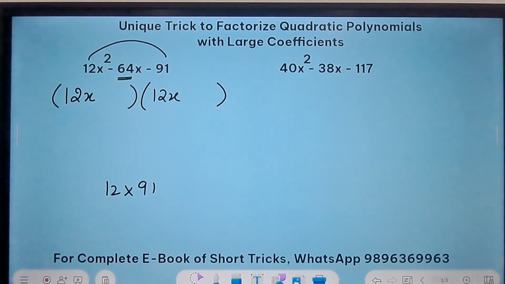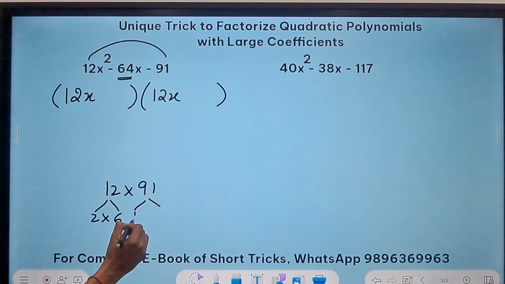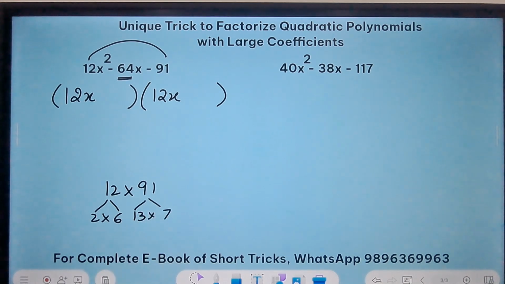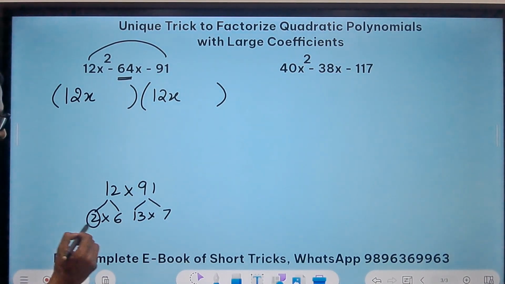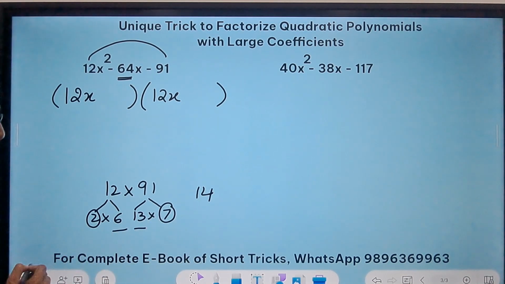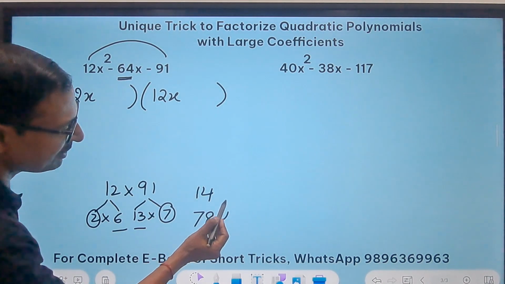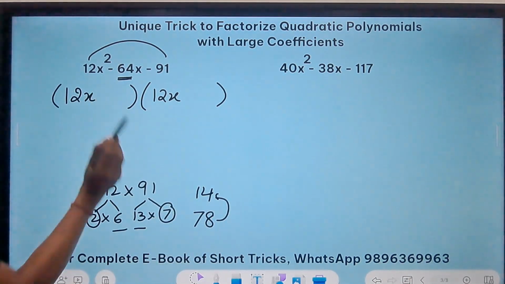So I'll factorize them further and break down 12 as 2 times 6 and 91 as 13 times 7, right? 13 sevens are 91. And now let's combine 2 and 7, which gives me a 14, and combine 13 and 6, which is 78. Now the difference between 78 and 14 is 64, see?